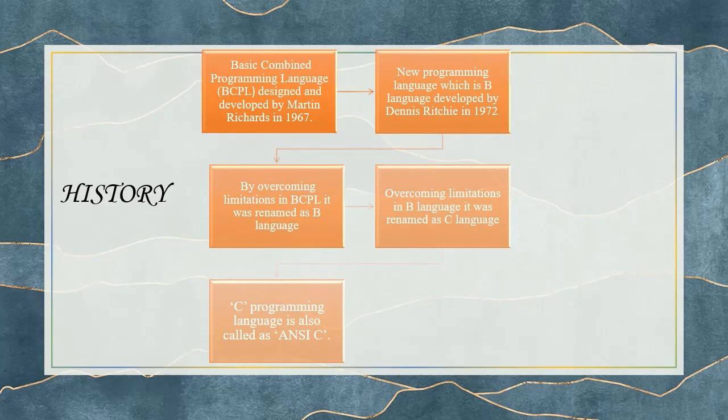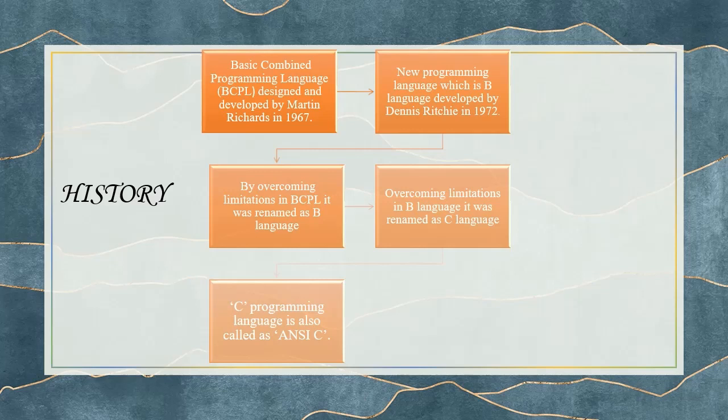Hi, my name is Fatini Huda and I will present about the history of C language. At first, Basic Common Programming Language, which is BCPL, was designed and developed by Martin Richards in 1967. And then, New Programming Language, which is B language, was developed by Dennis Ritchie in 1972 for writing system software.